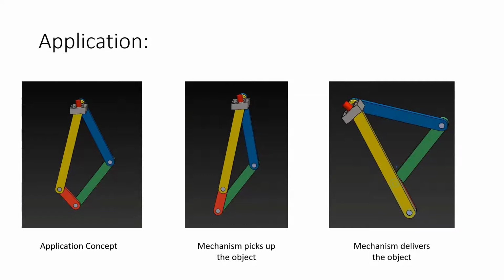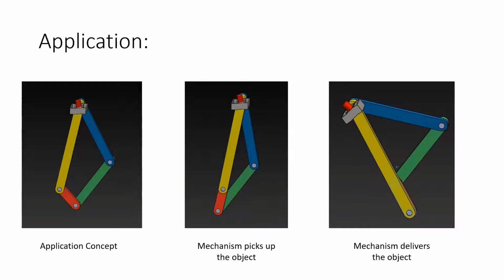A shelf is mounted on the joint between the rocker and the coupler. The mechanism picks up the object from a higher shelf, which can be seen in the second figure, and delivers the object to the customers on another level, which can be seen in the third figure.